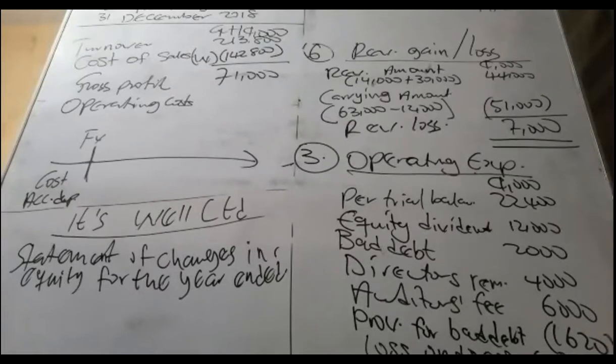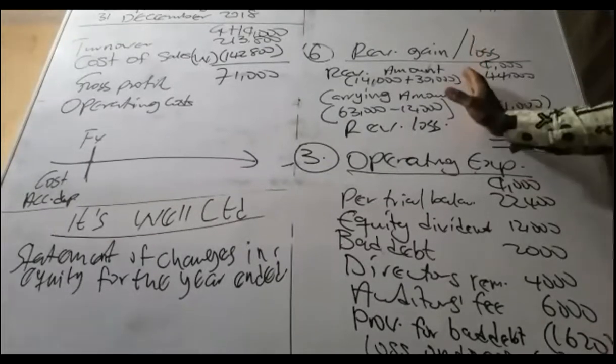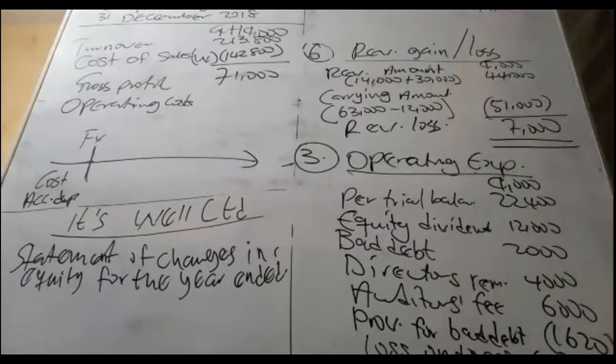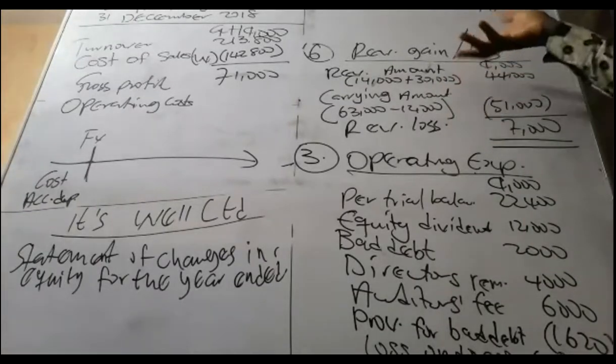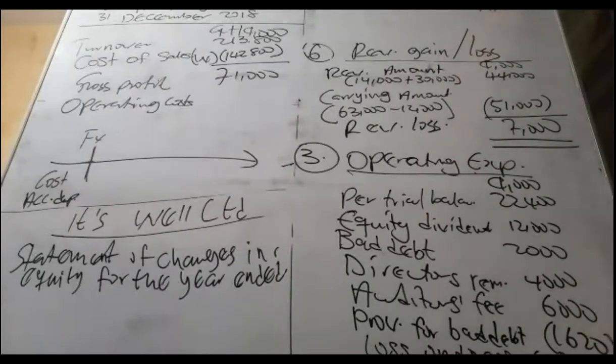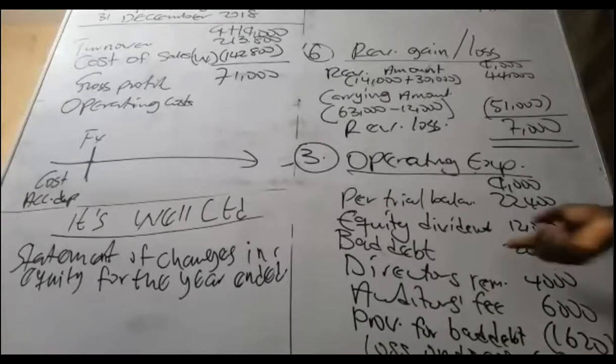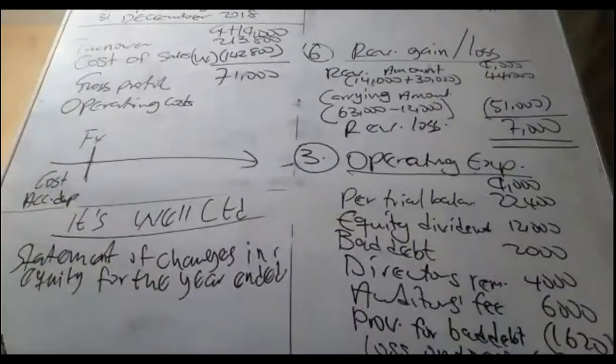To avoid that, kindly go by this approach. Be smart. Even if you cannot calculate the revaluation gain or loss, try something. Put it there. At least you've attempted it. Good. Let's go and add it to the operating expenses.